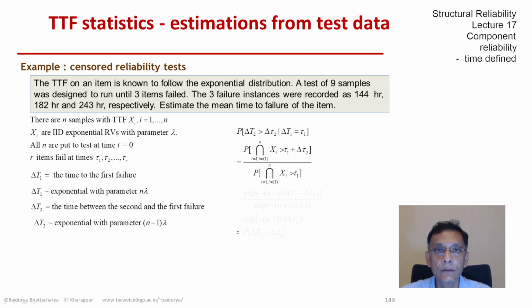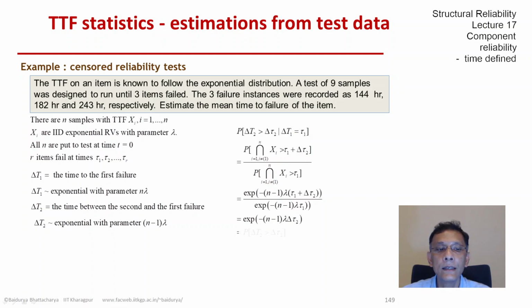It begins to look familiar now, and if we just plug in the exponential nature of all the x's, we end up with two exponential functions, and when we subtract one exponent from the other, we are left with the conditional probability of delta t2 given delta t1 has a particular value.